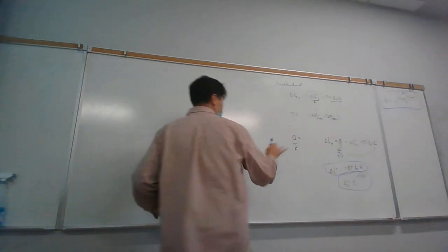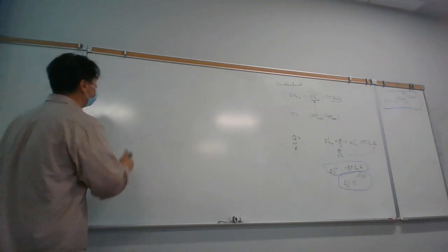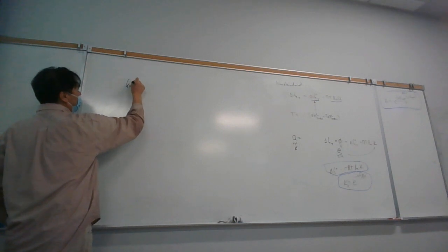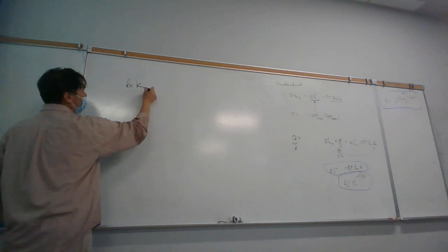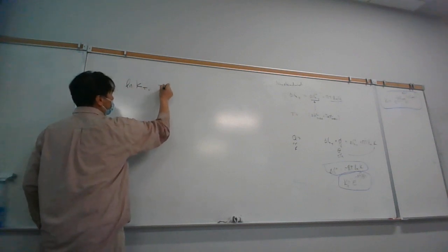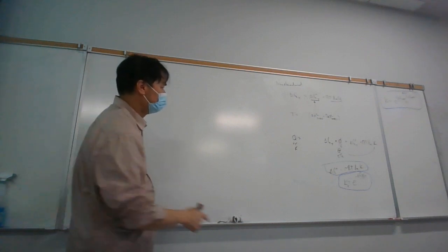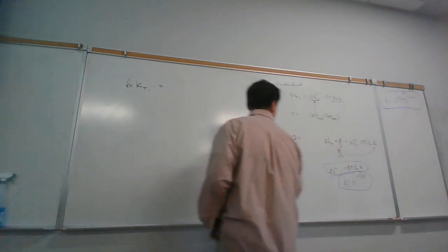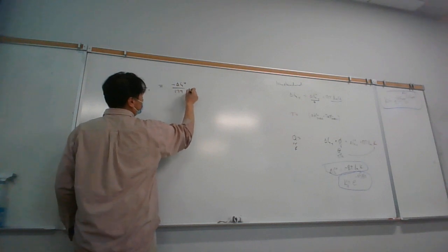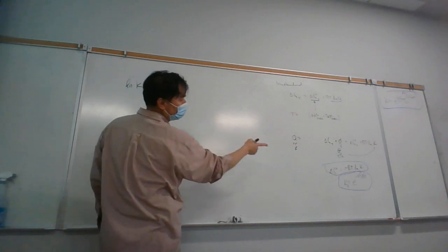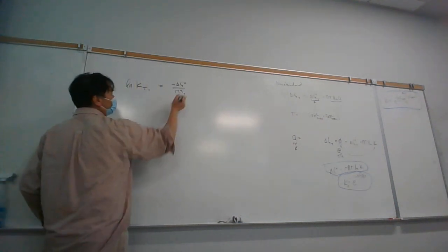Okay, since we're on the topic of K, which is the equilibrium constant, we have one more equation that's pretty important. This is ln K at temperature T, and we're going to call this temperature T1. ln K at T1 is going to equal minus delta G naught over RT1.